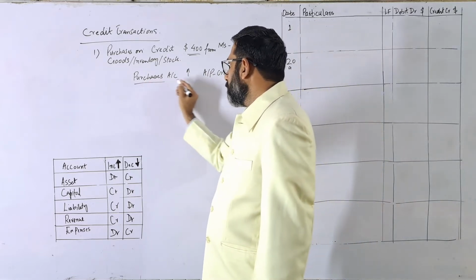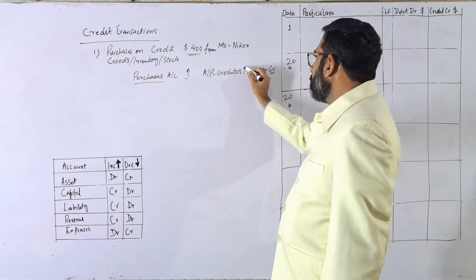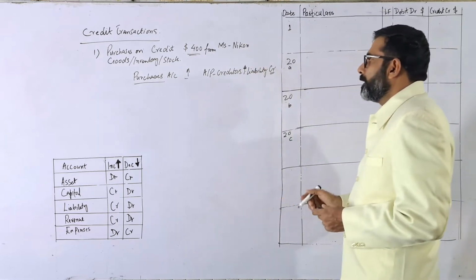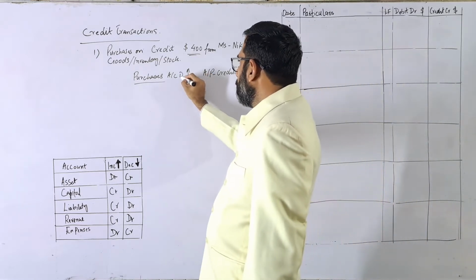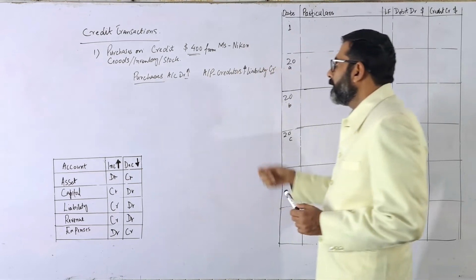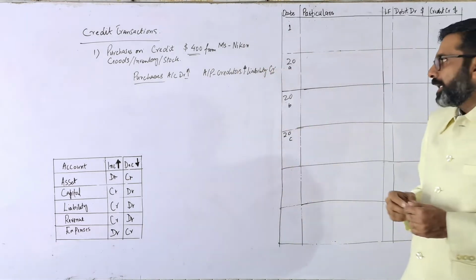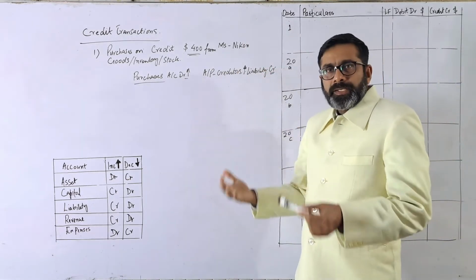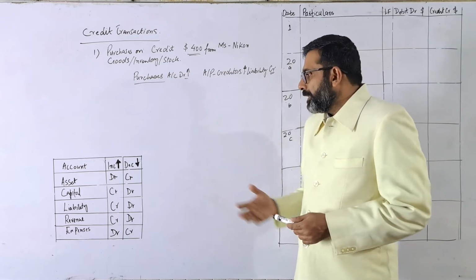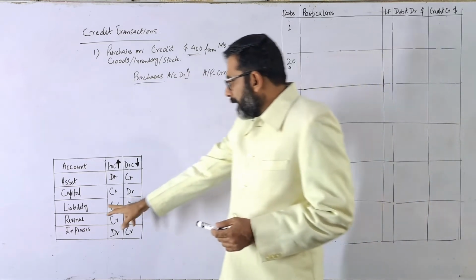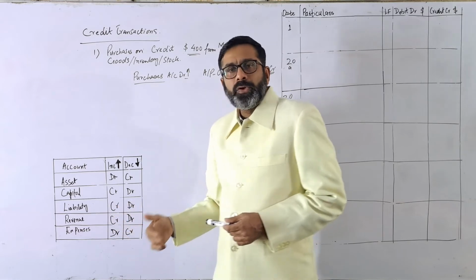So the purchases account will be debit, and the payable will be credit, because the goods are increasing, so that will be on the debit side, and the payable or the liability is increasing, so that will be on the credit side.